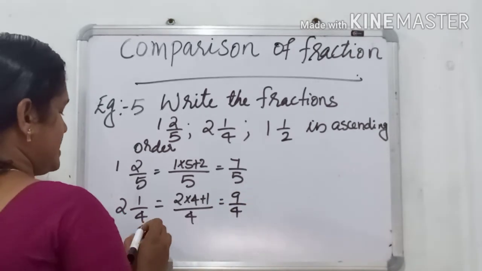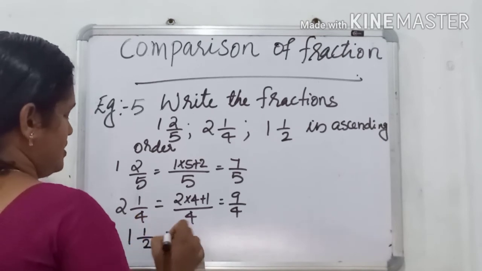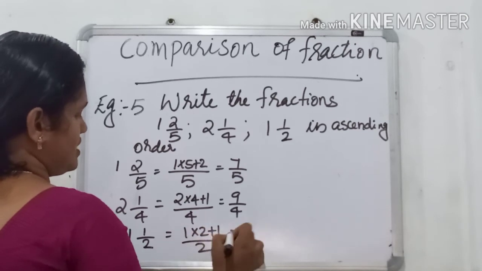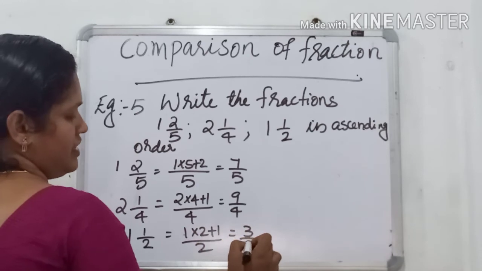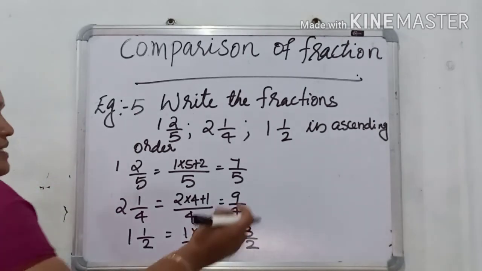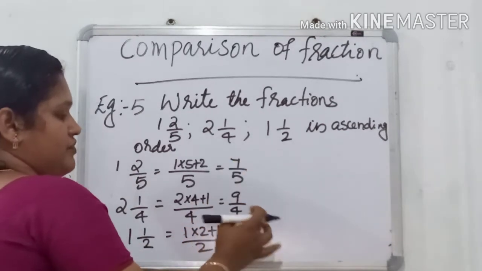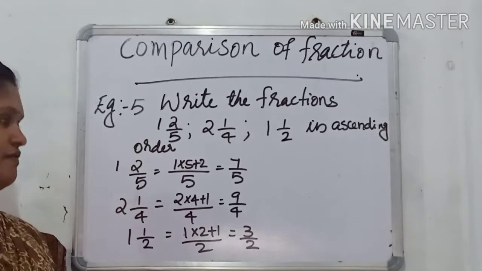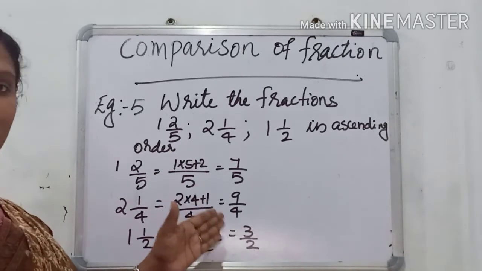Then next is 1 1 by 2, which equals 1 into 2 plus 1 by 2, which equals 1 into 2, 2 plus 1, 3 by 2. Clear all of you? Then the fractions are 7 by 5, 9 by 4, 3 by 2. They are improper fractions. And also they are unlike fractions.